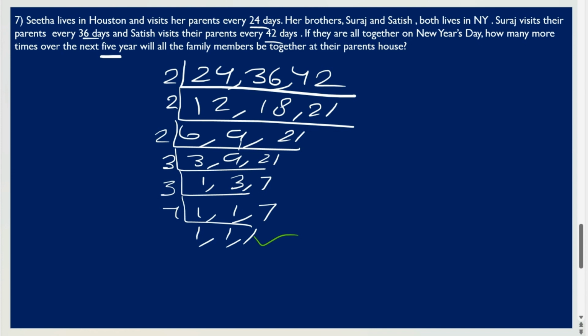So now let's just multiply, right? So there are 3 2s, so 2 to the exponent of 3, 2 3s, and then just 7. Here we're going to get 504.